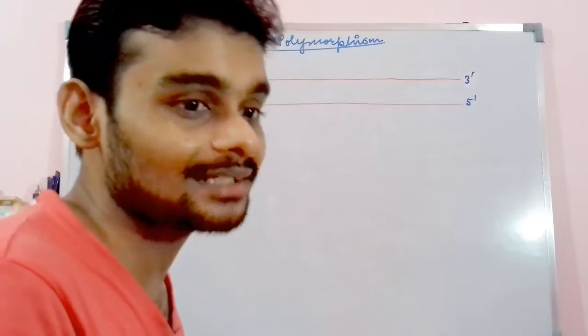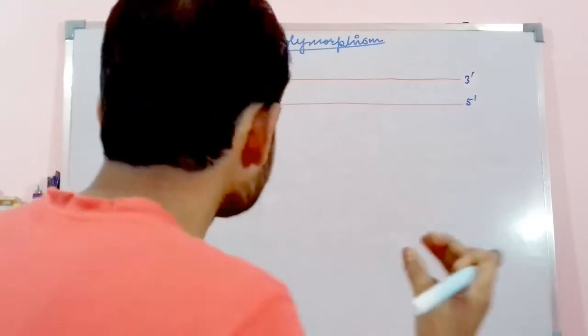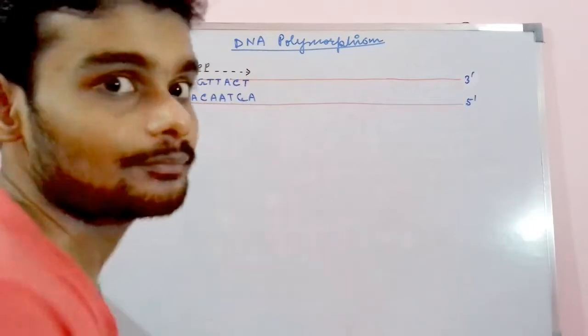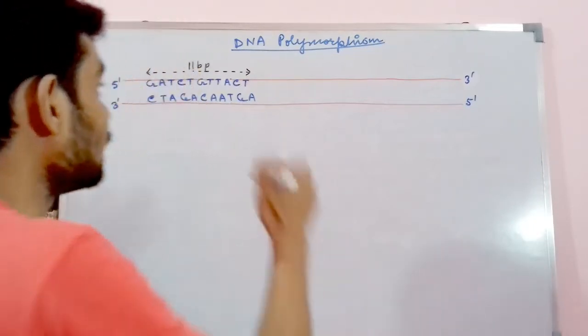So the satellite body is very important. Now this is one form of SAT body sequence.